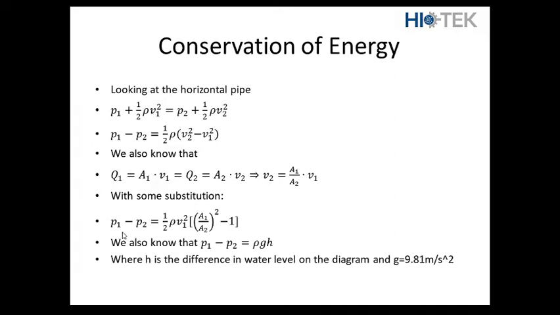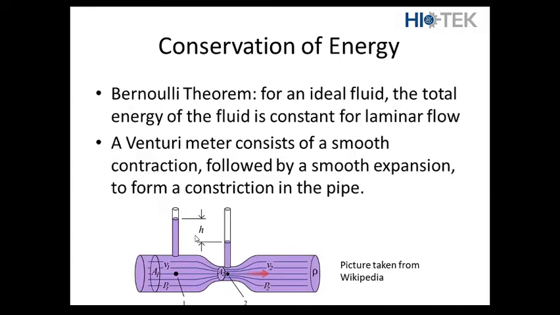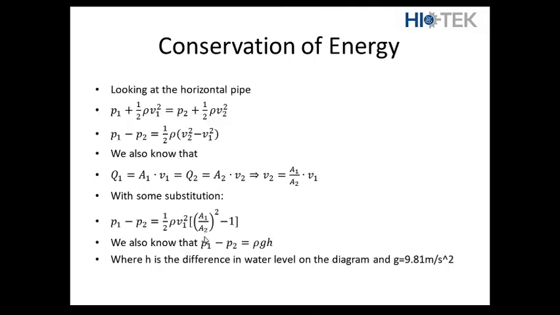And we do some substitution here, and you'll get that P1 minus P2 equals half rho, times that V2 expression squared minus V1 squared. And we know that P1 minus P2 is rho g h, where g is 9.81 meters per second squared, and there's the h we've got.